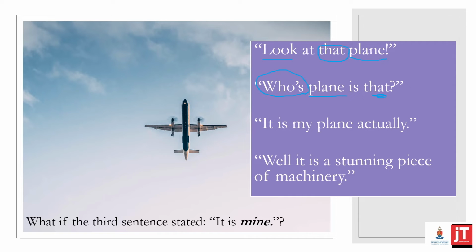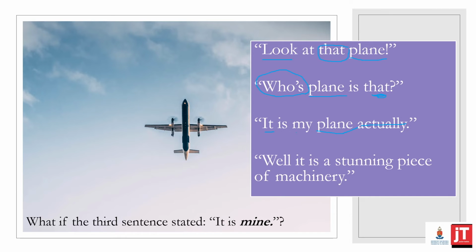It is my plane, actually. Oh, good for this person. It can be a noun, but I don't see any adjectives around it. Is, no. My plane, actually. Plane is the noun.